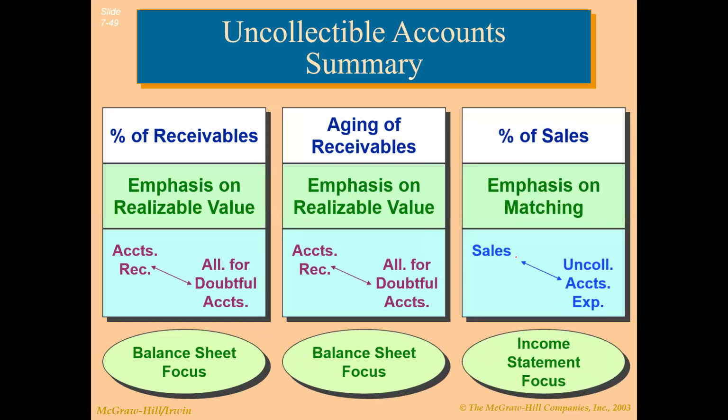So here you can see that we have 3 approaches. This is the income statement approach that depends upon sales. We will just take the percentage of sales. Then aging of receivables, it is because receivables come under the balance sheet.